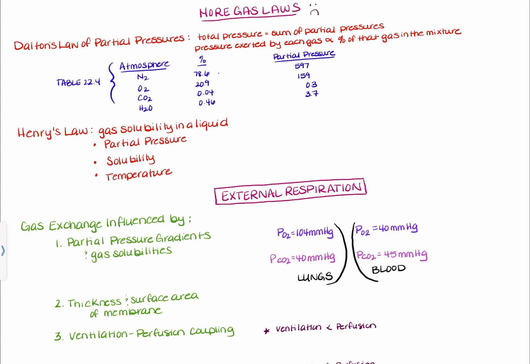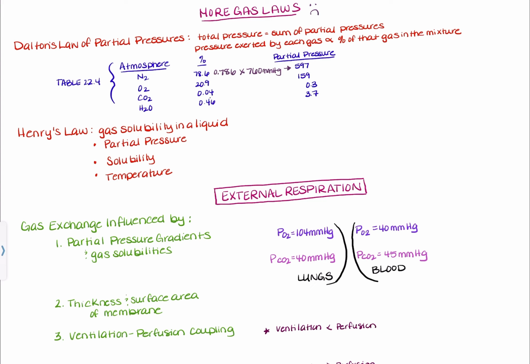If we change this to a percent, we would get 0.786 times total atmospheric pressure, and we would find that the partial pressure due to nitrogen is 596. If we did the same thing for oxygen, taking 20.9 percent of 760 millimeters of mercury, we would find that oxygen's contribution to the total pressure is 159.